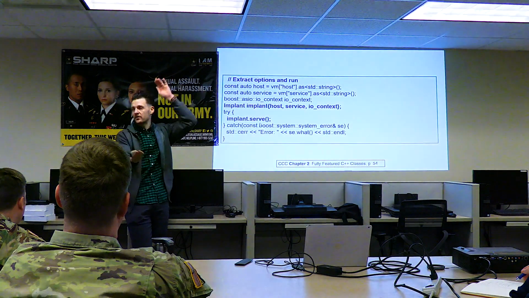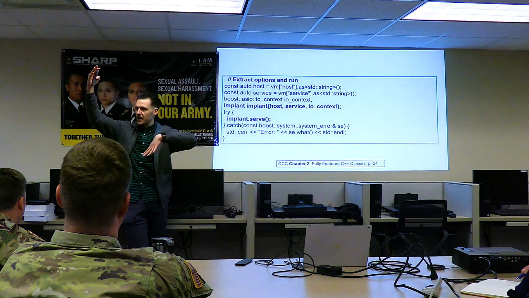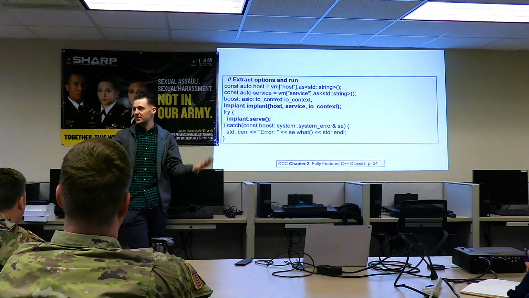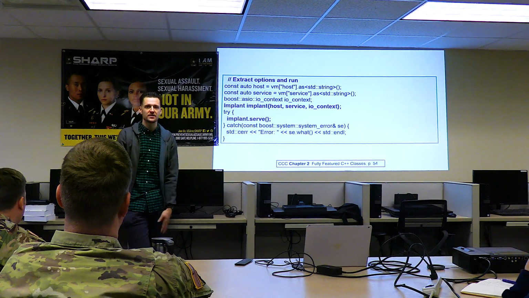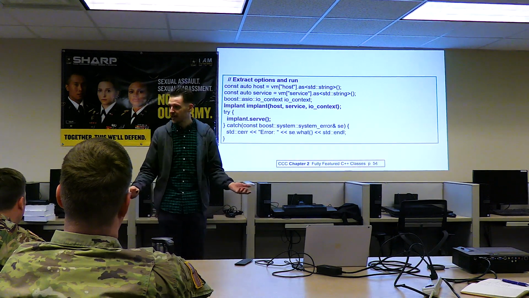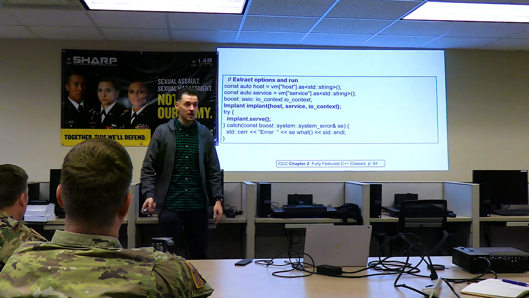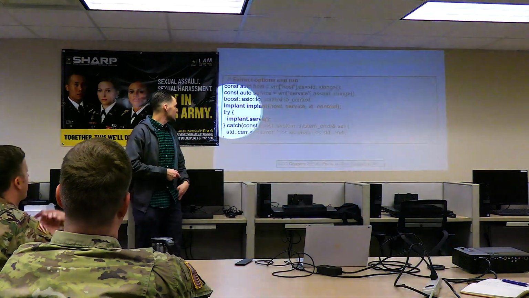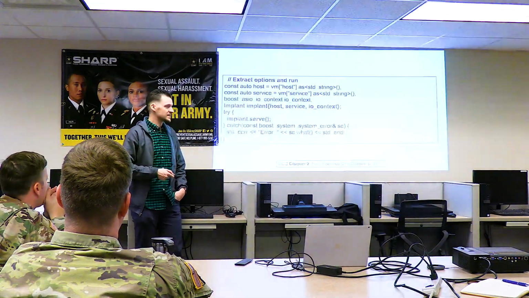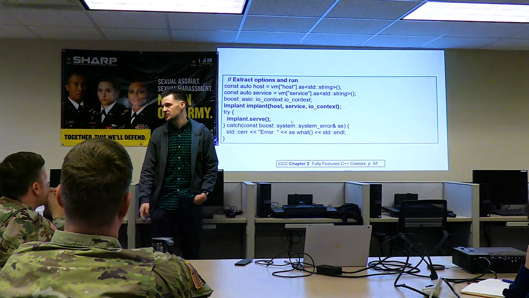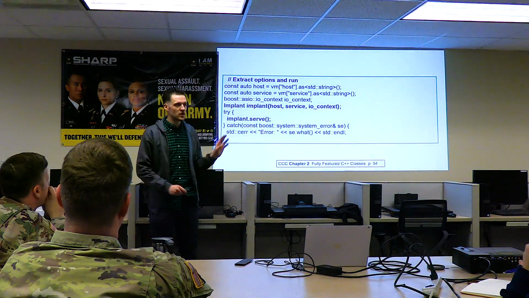So this is the entry point of our program. Parse some options from the command line, check them for sanity, throw them into the implant, and then we're off to the races serving. And you'll notice you wrap all these things in try except blocks so that you get nice error messages when things go bad. Any questions about this?